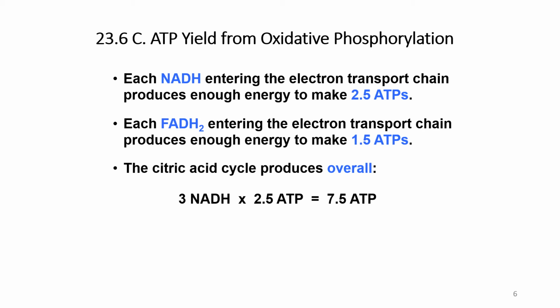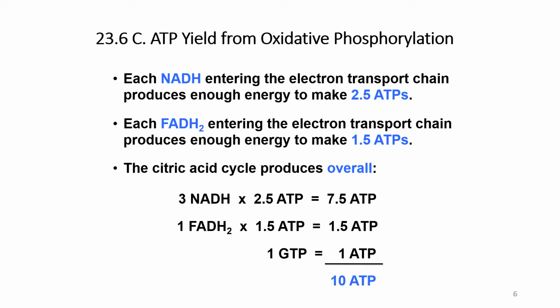The citric acid cycle produces 3 NADHs, which is 2.5 ATPs each, so we get 7.5 overall. FADH, 1.5. We can have a GTP produced in the citric acid cycle. So that's 10 ATPs that they contribute to, in summary, in the citric acid cycle.